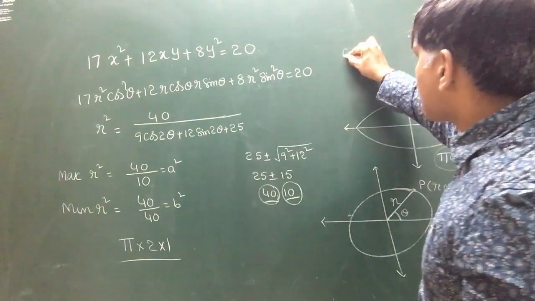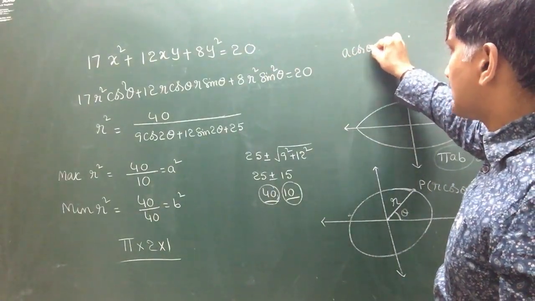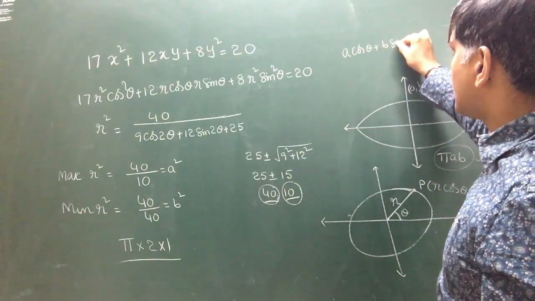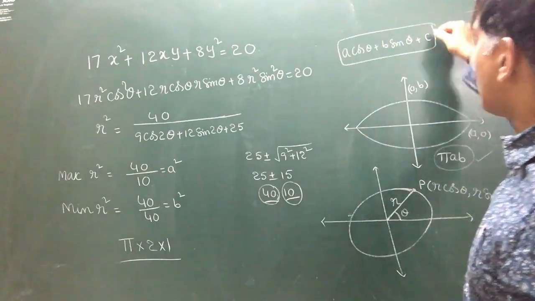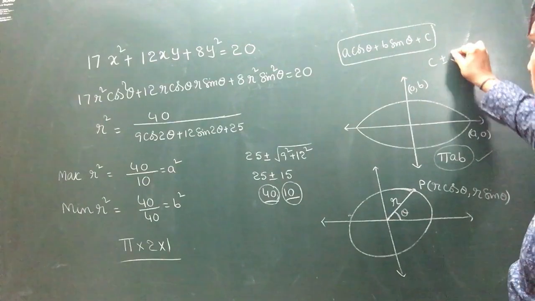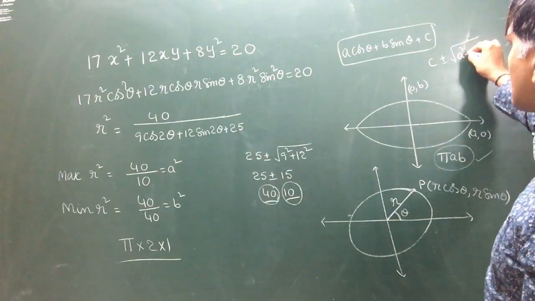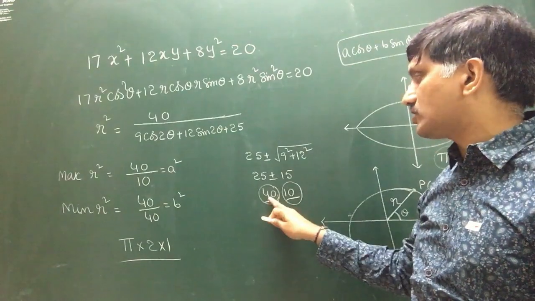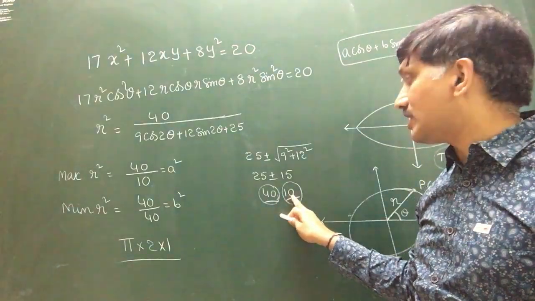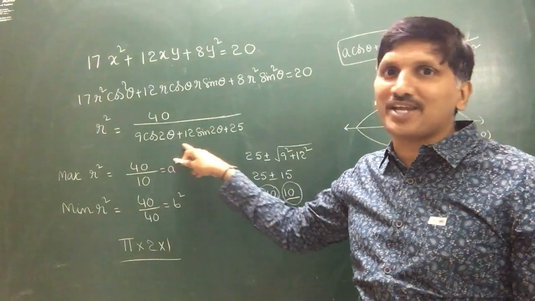Everyone knows for a cos theta plus b sin theta plus c, the maximum and minimum values are c plus and minus root of a square plus b square. That's why we got the maximum value as 40 and the minimum value as 10 for the denominator.